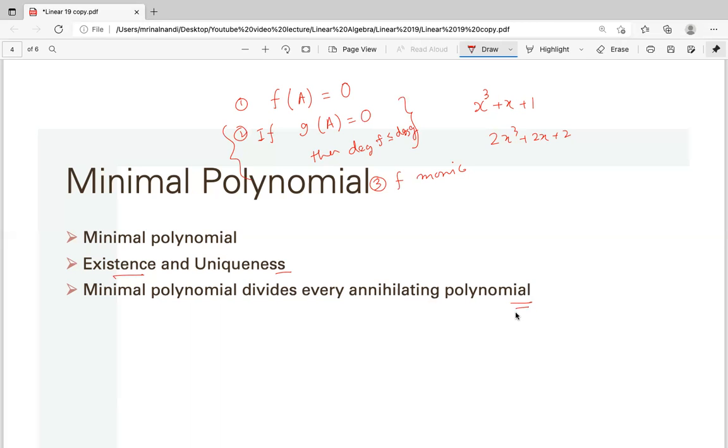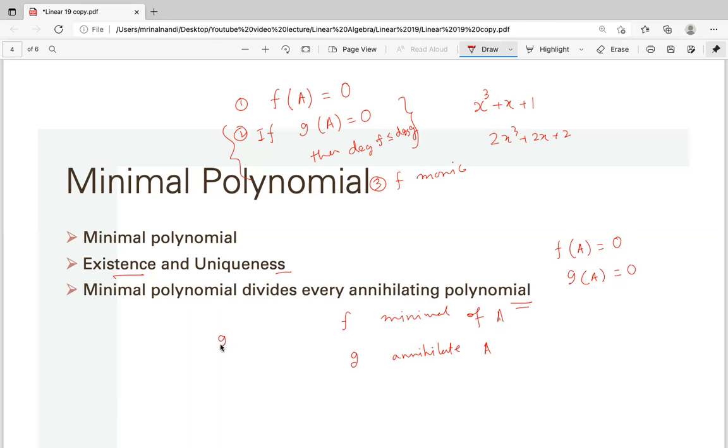Now, the minimal polynomial divides every annihilating polynomial. This is a theorem. Why does the minimal polynomial divide every annihilating polynomial? The idea is the same as in the division algorithm. Take F as the minimal polynomial, and G any polynomial which annihilates A. That means F(A) is 0, G(A) is 0, degree of F is less than or equal to degree of G, and F is monic.